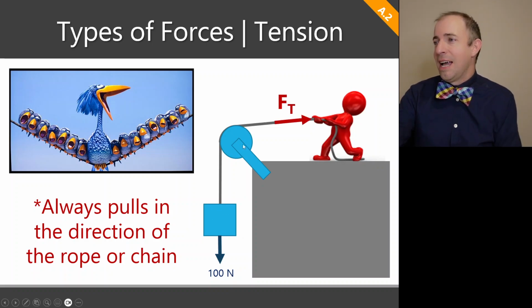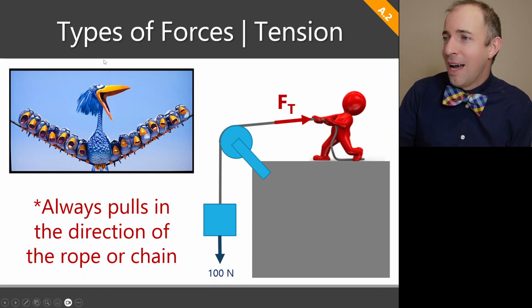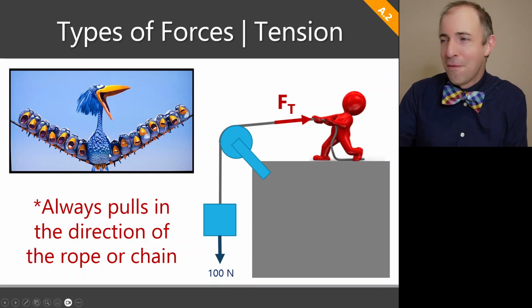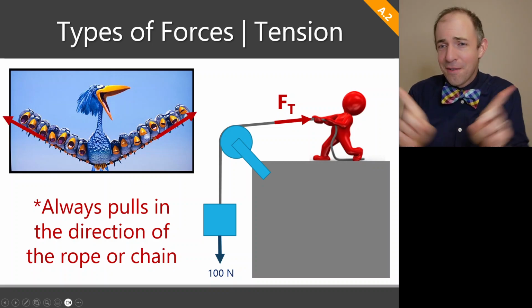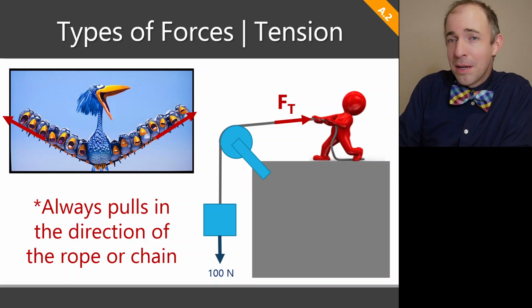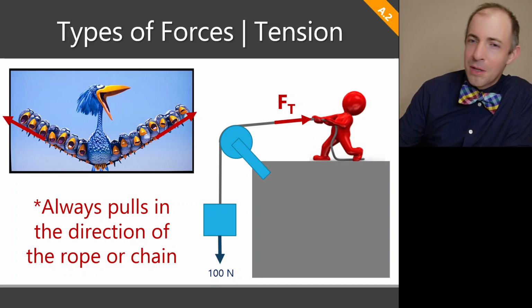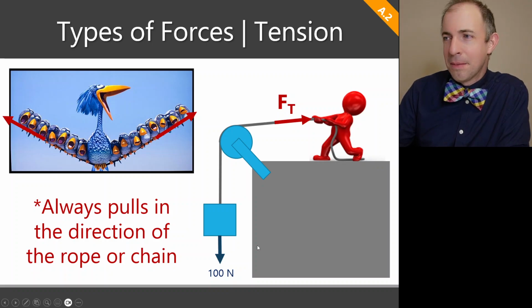So here, I have a force of tension pointing in the direction that is being pulled. Here in this picture of a Pixar short, the tension force is the force going at angles. We saw some examples of this in our equilibrium notes, seeing how the directionality of those ropes really impacts the direction that the force is being applied.